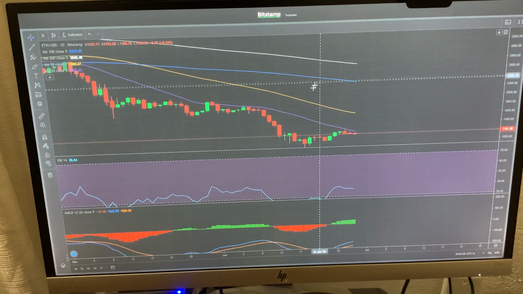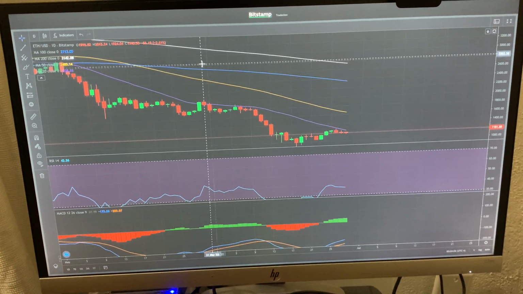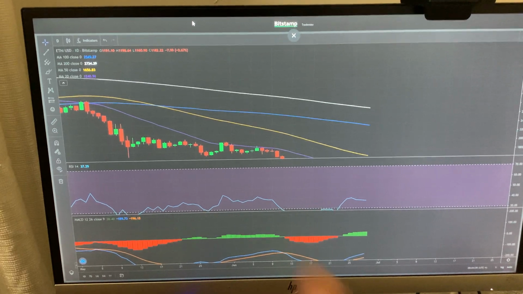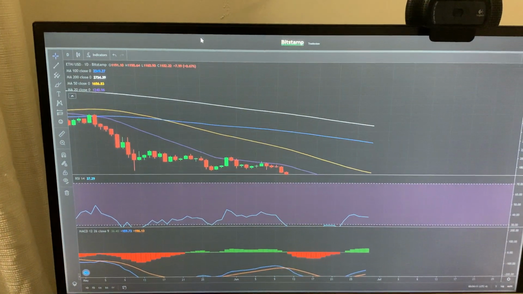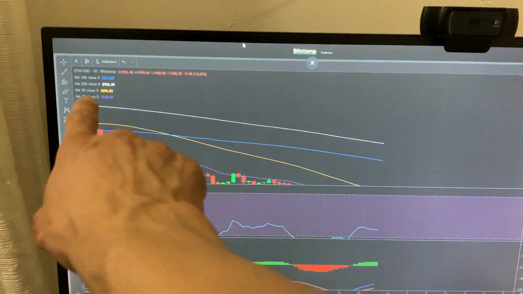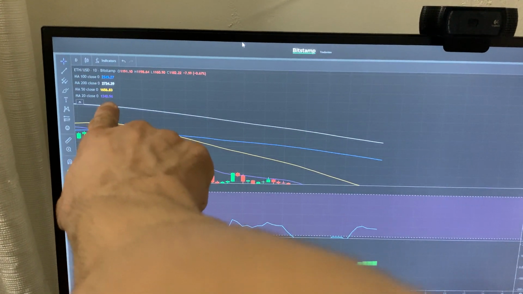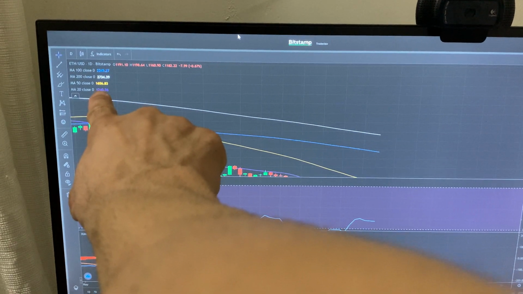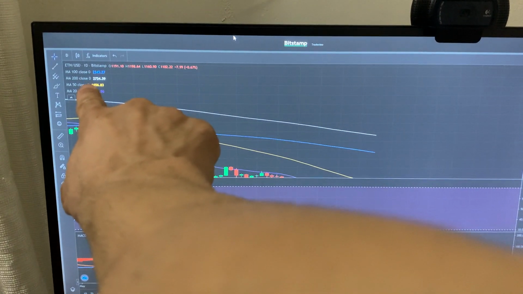Now, let me make room so you can see. The 20-day moving average is 1240. If it passes 1240, the next one is the 50-day moving average at 1656.